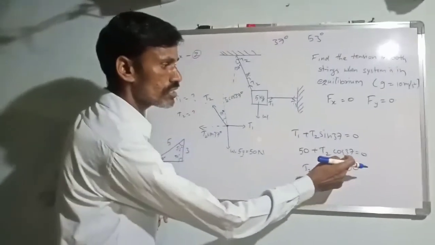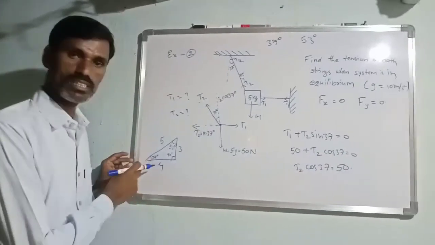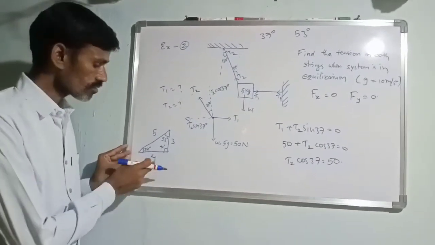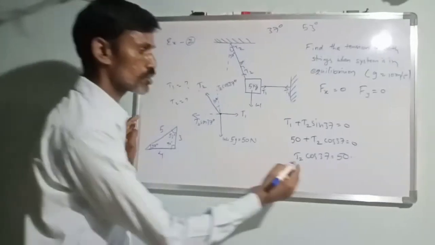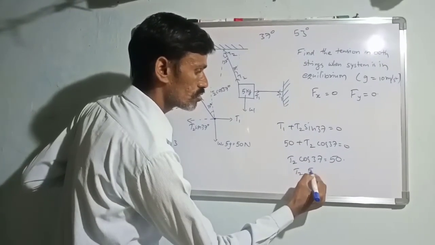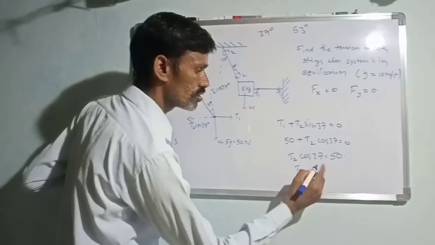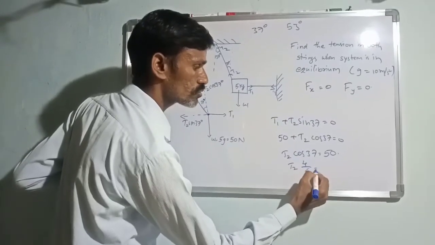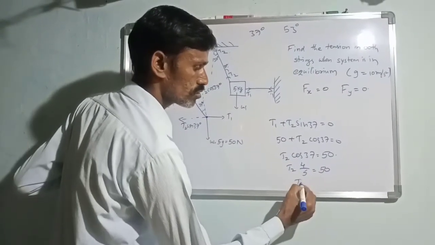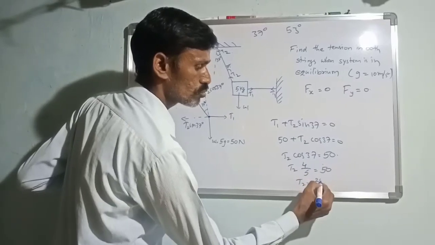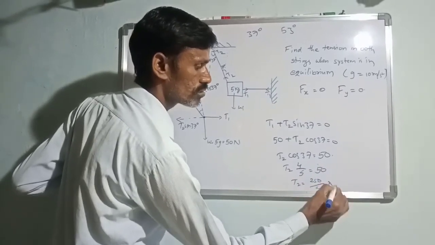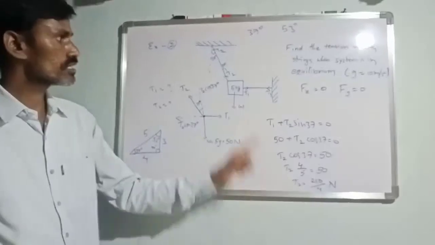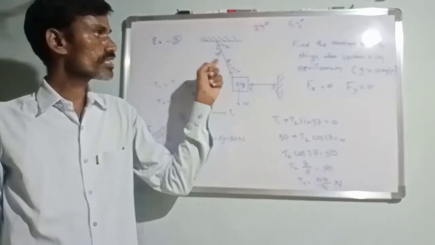So from this, what is cos 37? Cos 37 means adjacent side by hypotenuse. Adjacent side is 4, hypotenuse is 5. So T2 is equal to 250 by 4 newtons. So what is the tension in the second string?